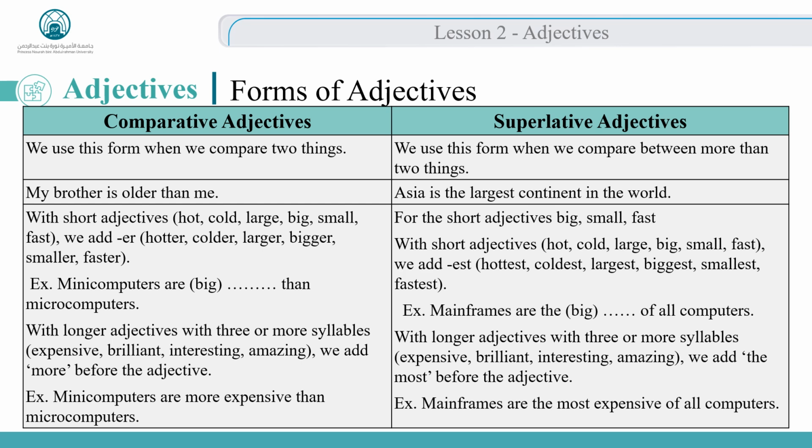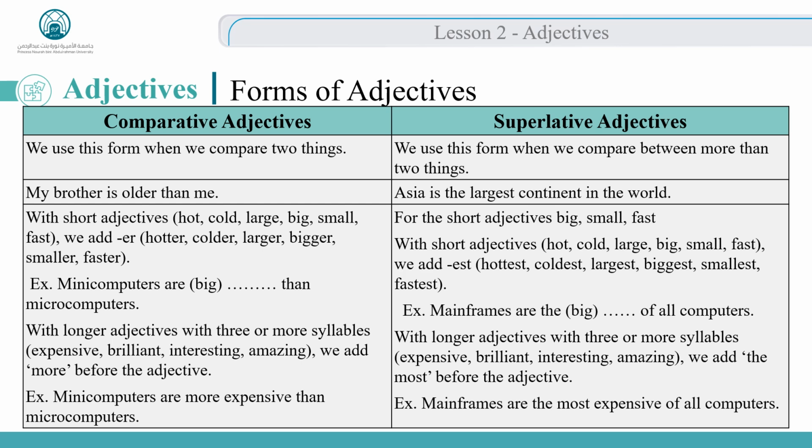So here, look with me. Hot. It includes only one vowel. Cold, only one vowel. Large, the vowel "a," one vowel. Big, only one vowel. Small, only one vowel. So here we have one syllable.